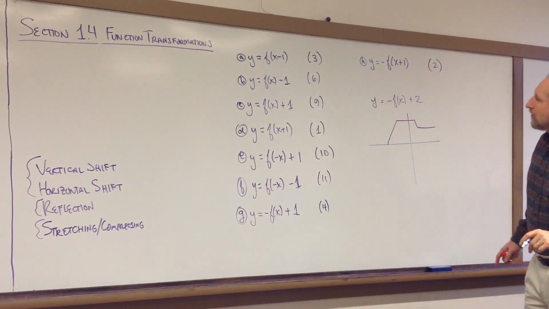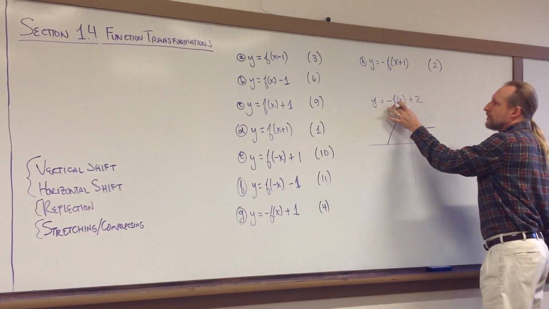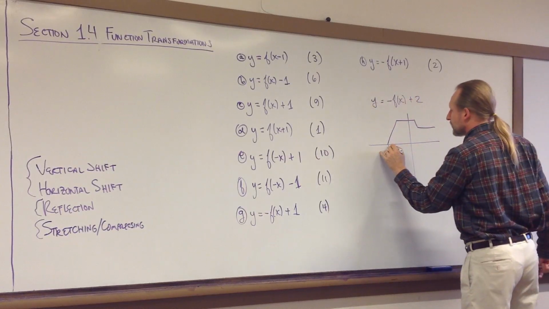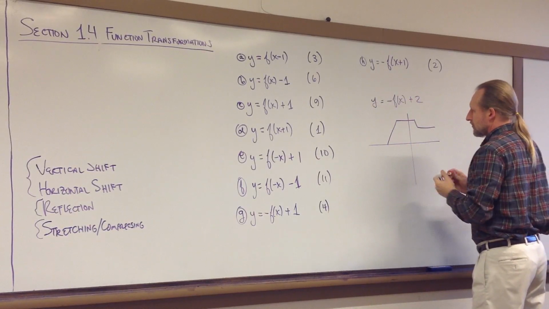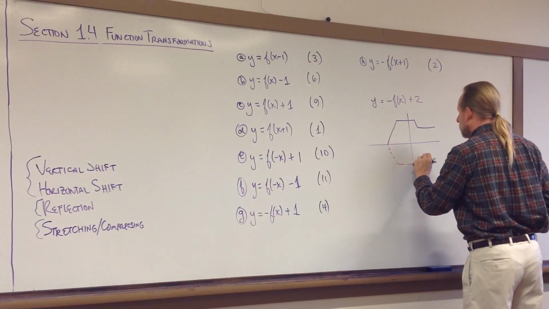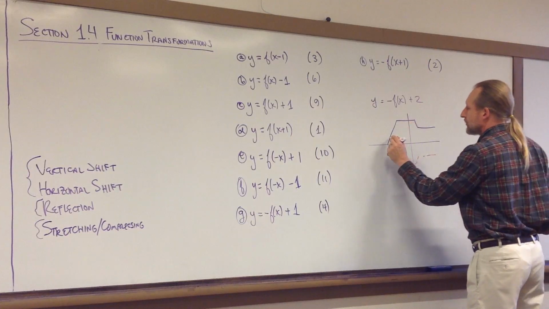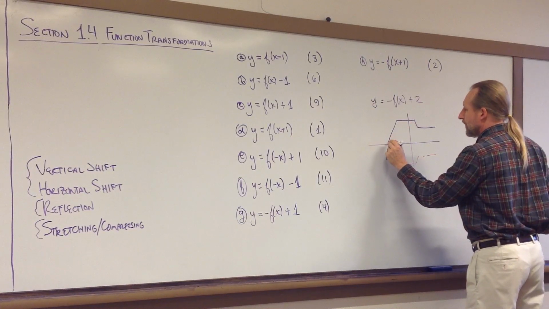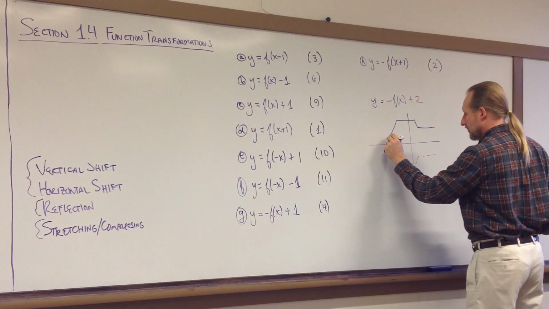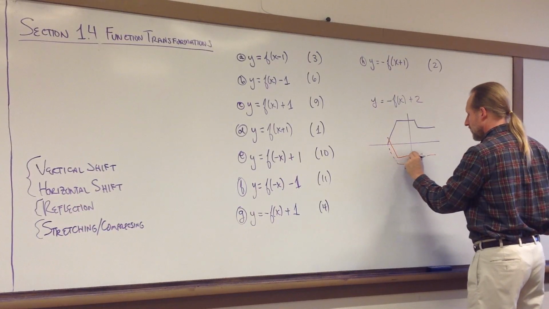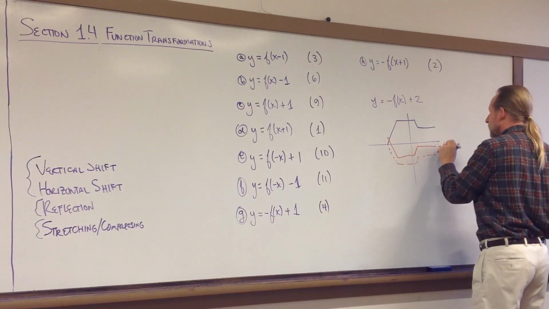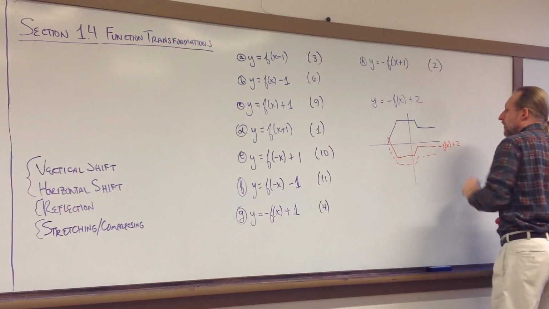If you follow the order of operations, you want to do the reflection first. So negative f of x would look like this, and then plus 2 would shift it up 2 places. So there's negative f of x plus 2.